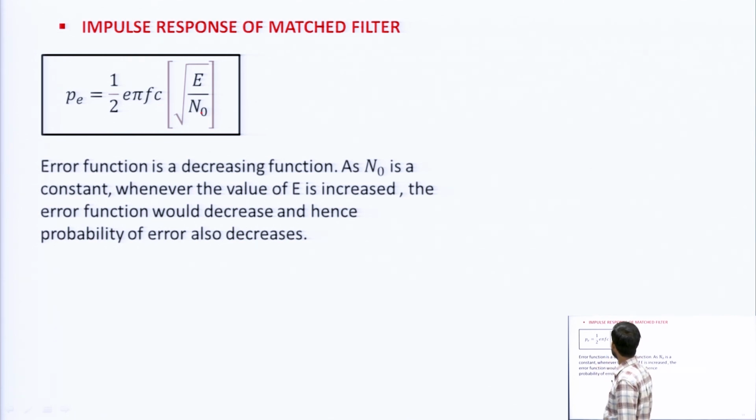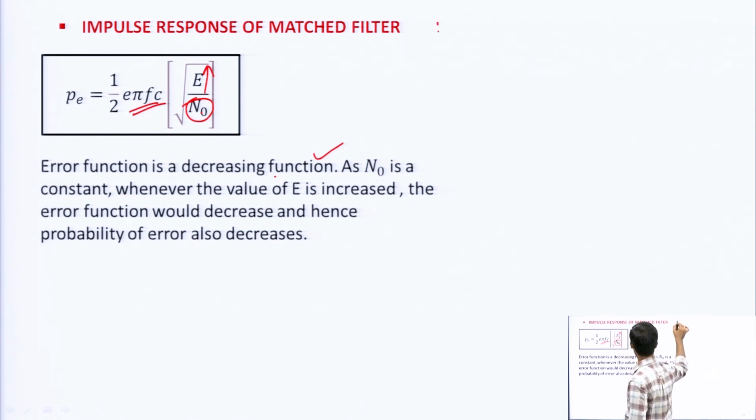The error function is a decreasing function, I have already told you. As n naught is constant, whenever the value of E is increased, the ERFC function would decrease, and hence the probability of error also decreases.